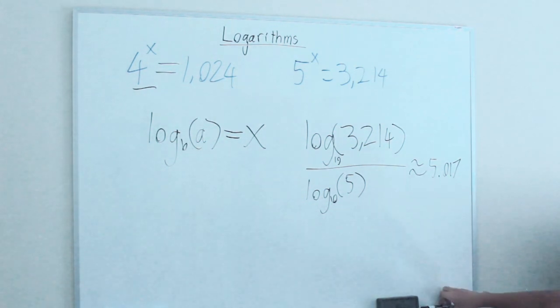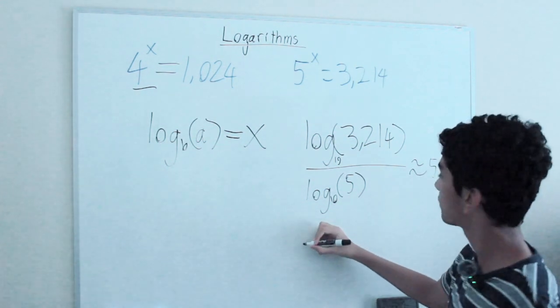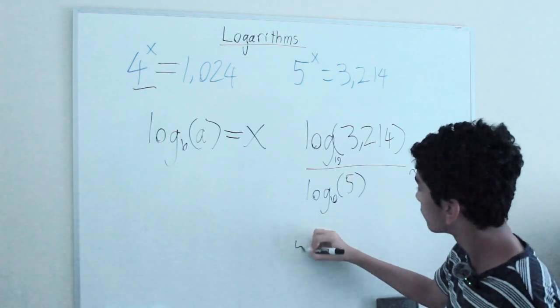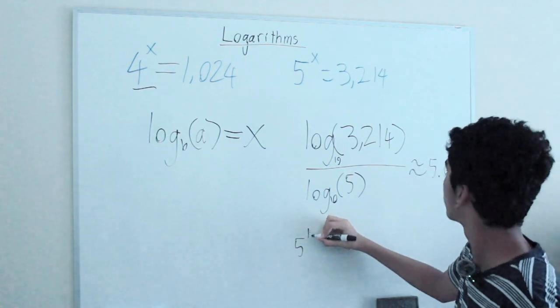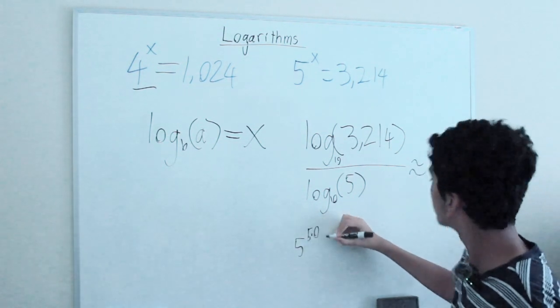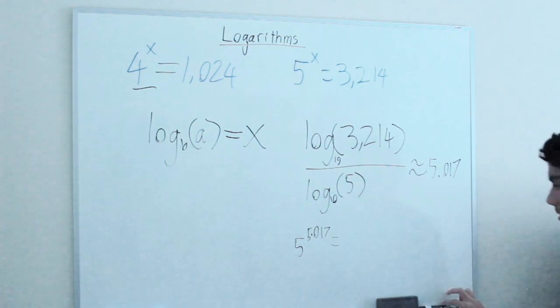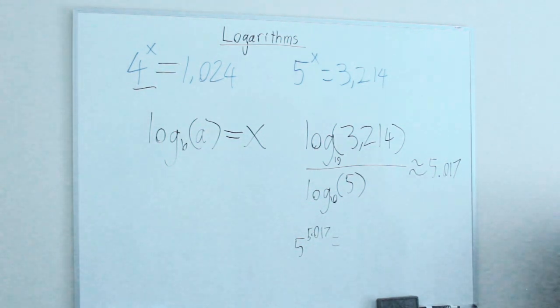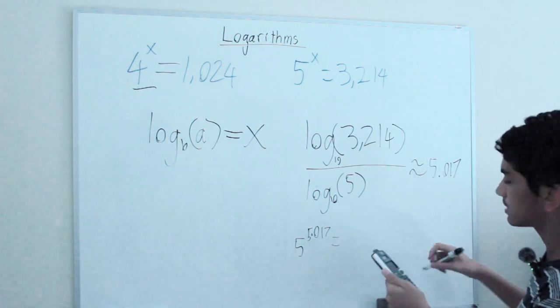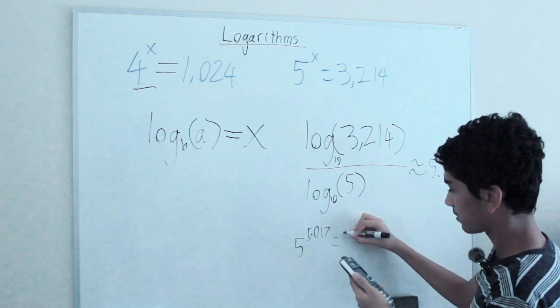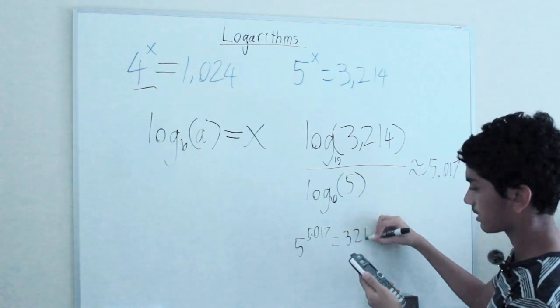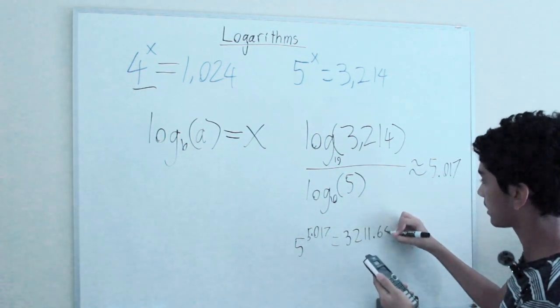So we can cross-check this by entering in the calculator 5 to the power 5.017. And this gives 3,211.6.